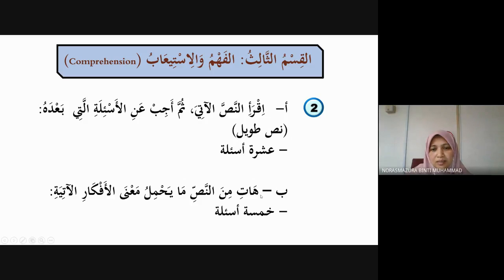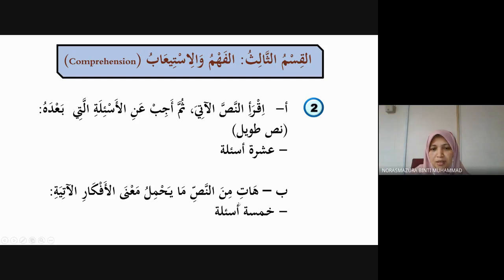And the second one is hati minan nasi ma yahmilu makna al-afkar al-atiyah khams as'ilah. The question will give you another sentence, but you have to find the same meaning as this sentence from the text. For example, the question will give you an ayah or a hadith.